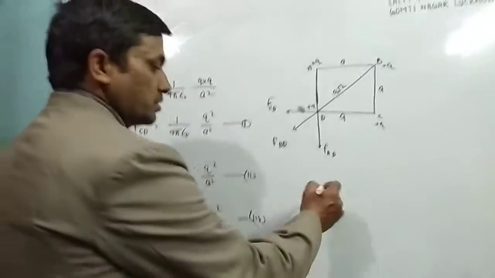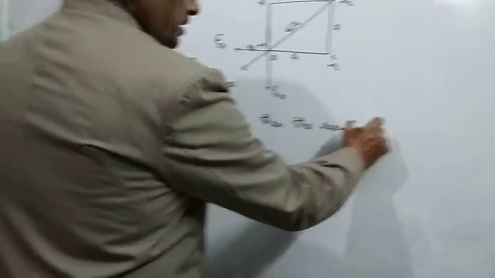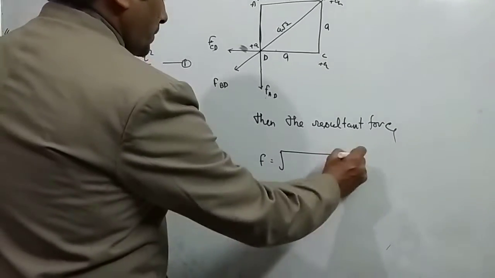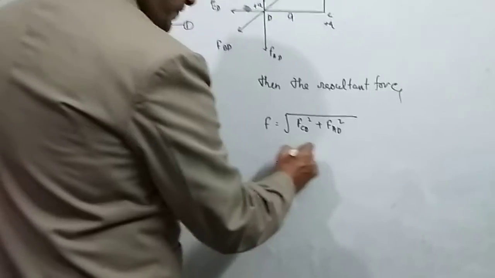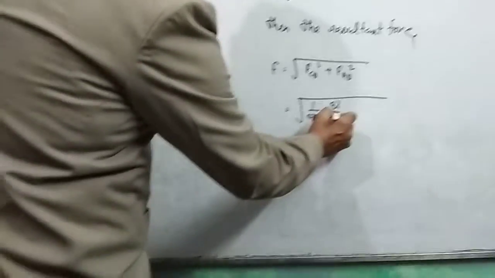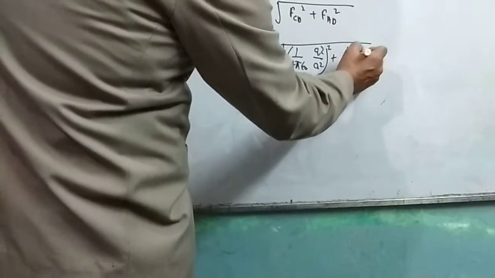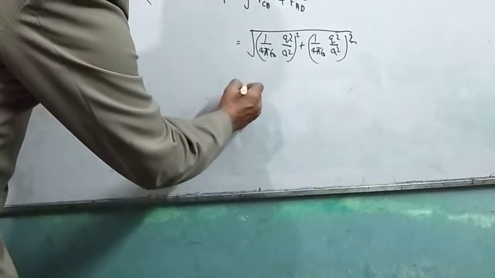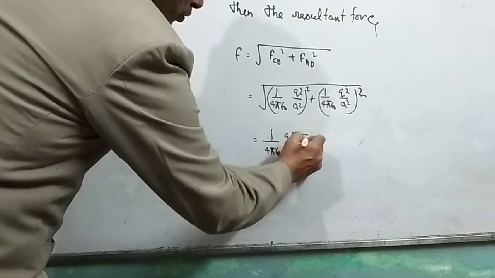Then resultant force F is equal to root of F CD square plus F AD square, and this value 1 upon 4 pi epsilon naught Q square upon A square whole square plus 1 upon 4 pi epsilon naught Q square upon A square whole square, then 1 upon 4 pi epsilon naught Q square upon A square into root 2.